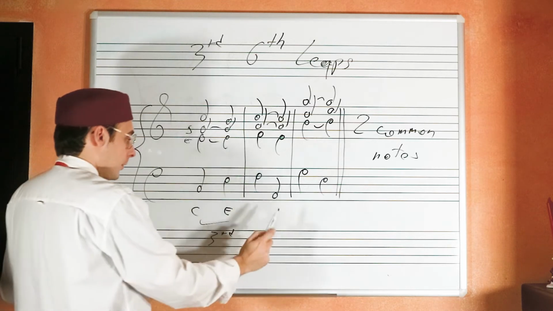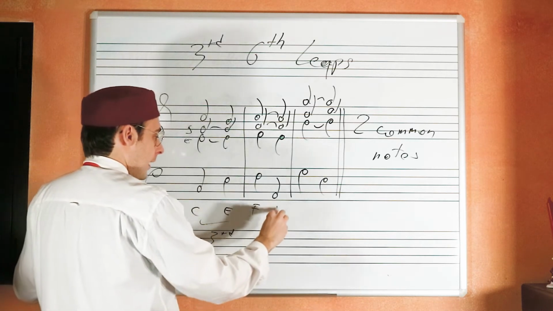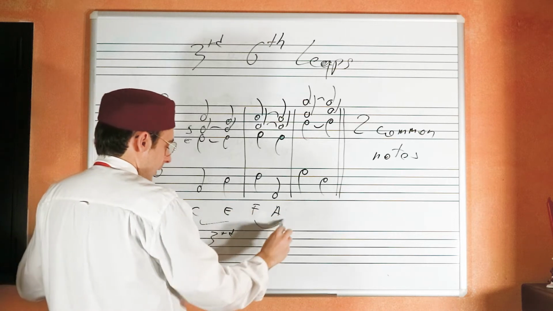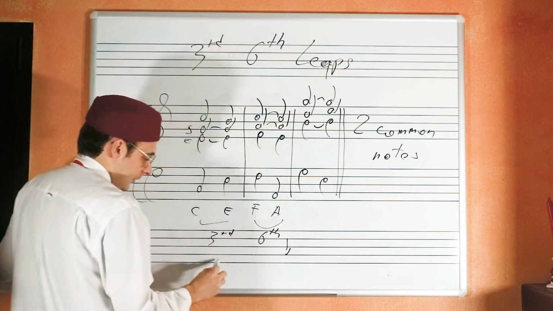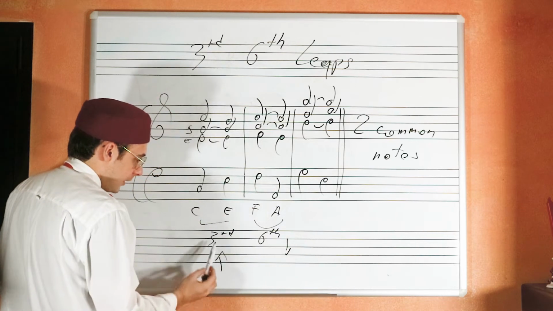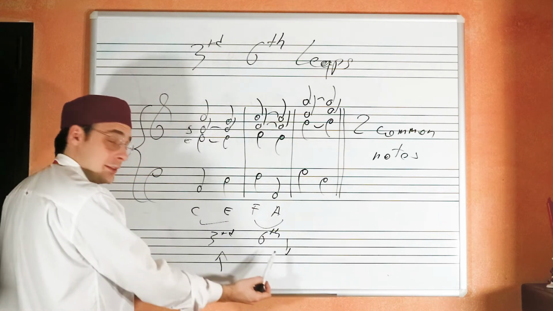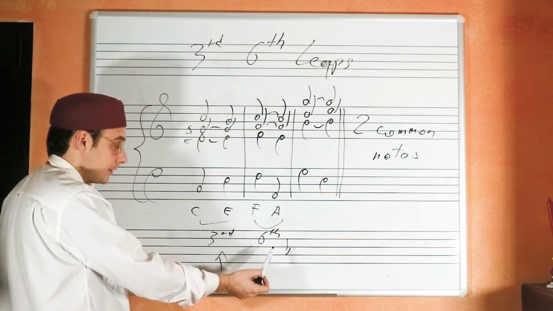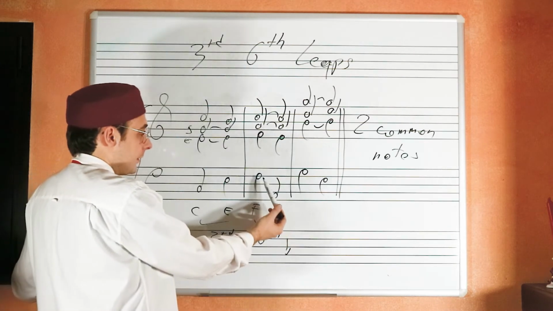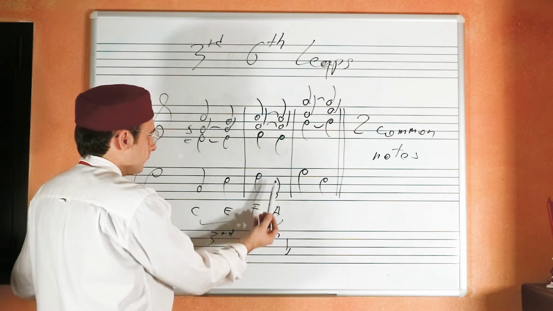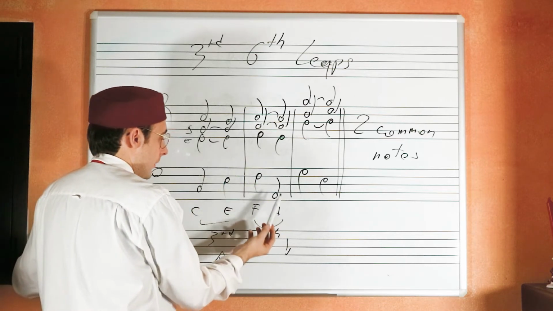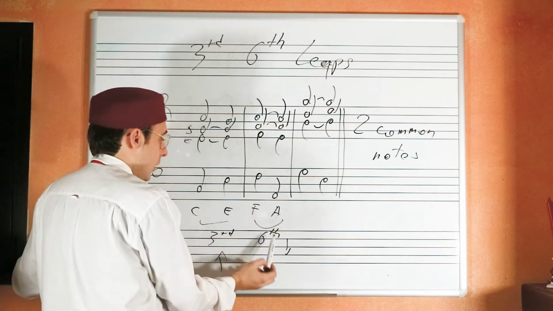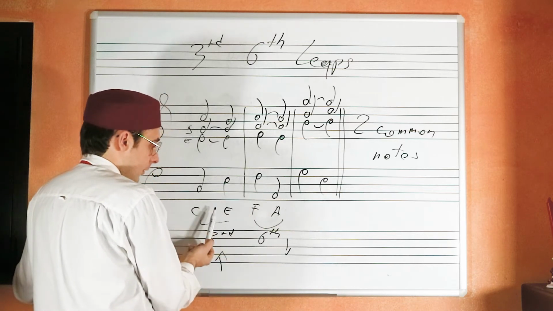In the second example, we have F and A, that is a sixth leap, descending. The example before was an ascending leap. In this leap, it is descending, we have a sixth relation, but it doesn't change because the sixth is the inverse of the third.